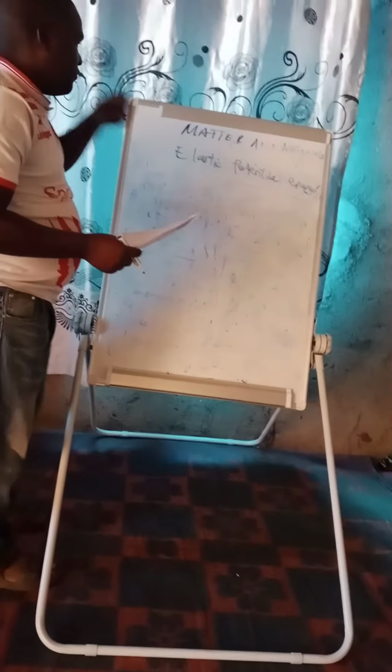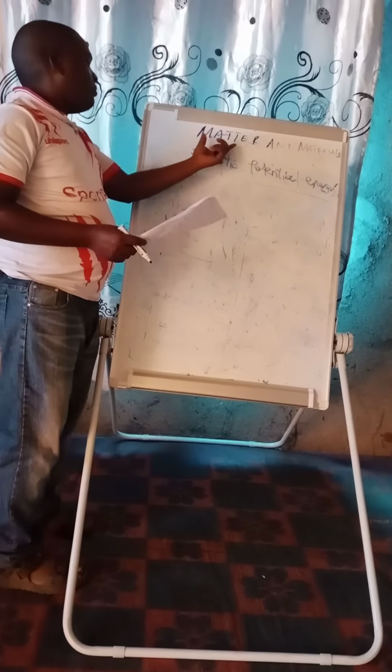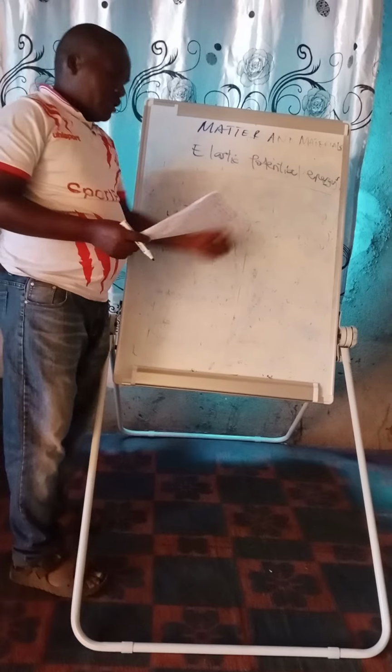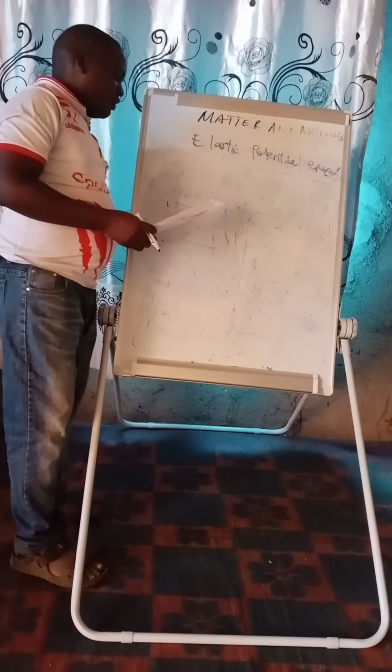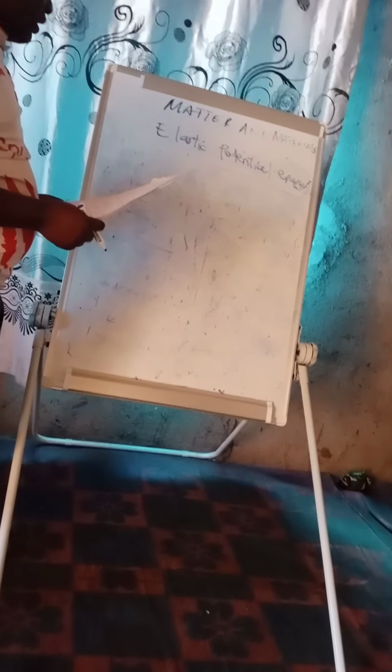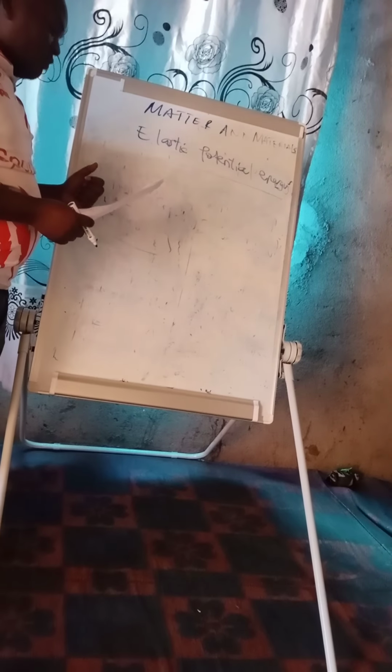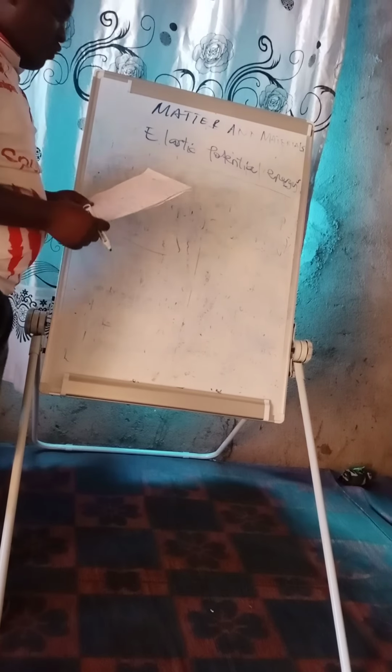Let us finish our topic, which is matter and materials, by looking at elastic potential energy. Whenever you stretch a material, you are doing work. This is because you have to apply a force, and the material extends in the direction of force.